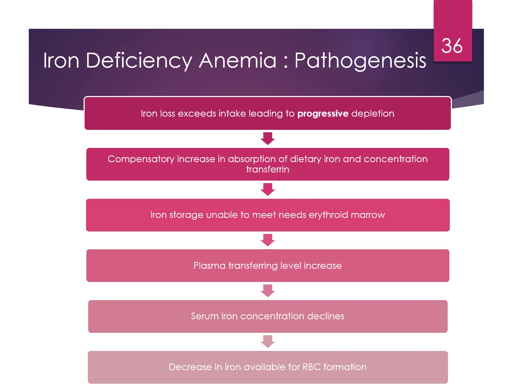The iron storage, however, is unable to meet the needs of the erythroid marrow. And because it's unable to meet that need, plasma transferrin levels increase. And with the increase of the plasma transferrin levels, you get serum iron concentrations that decline. And that decline thus leads to iron not being available for RBC formation.